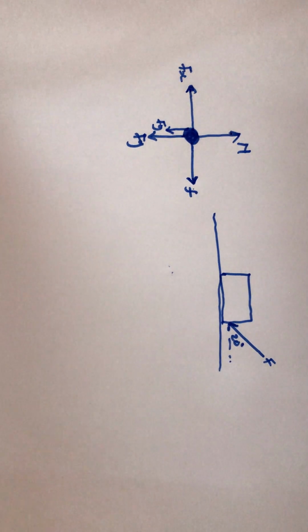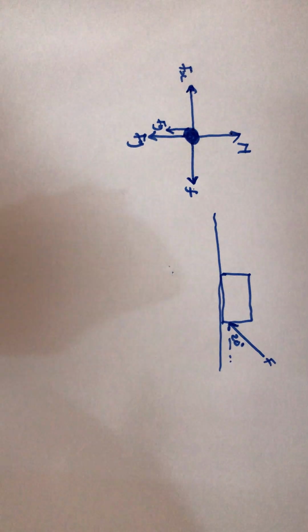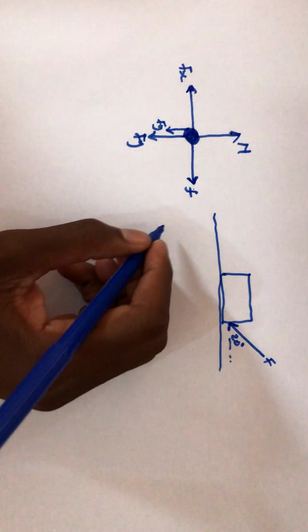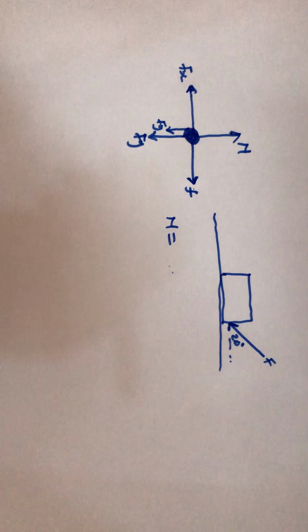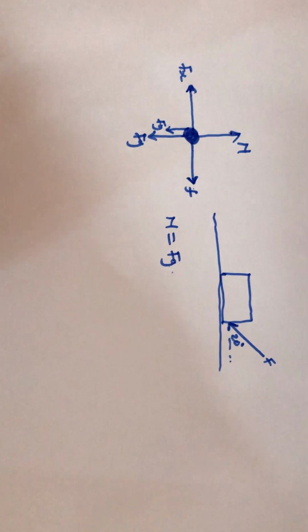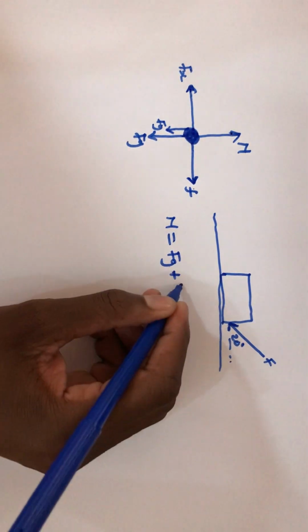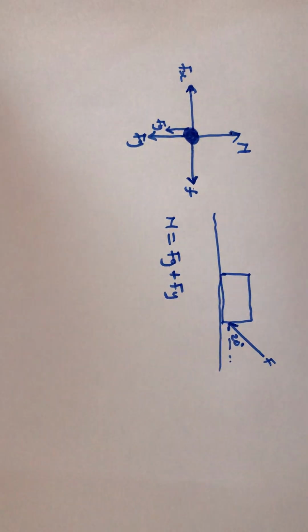Now, how are we going to calculate the normal force? We check how many forces are going up. We only have normal force going up. How many forces are going down? We have Fg going down plus Fy. They're both going down, as you can see here.